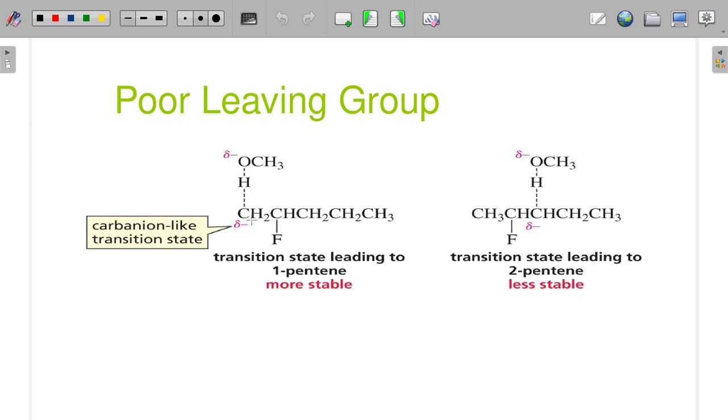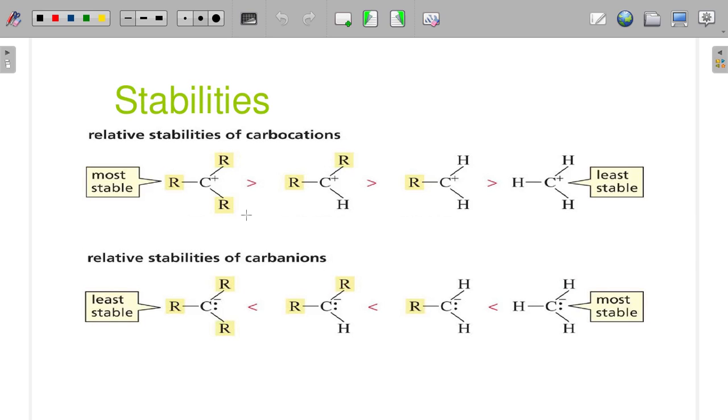That negative charge stays on a carbon, and we will find that carbanions like to have fewer things off of them. Carbanions have an exact opposite stabilization as the carbocations. Least stable has more and more carbons because those carbons kind of force that charge to be out there. If it's like this, it can spread it out to more of those hydrogens. So having more hydrogens on a carbanion is better.